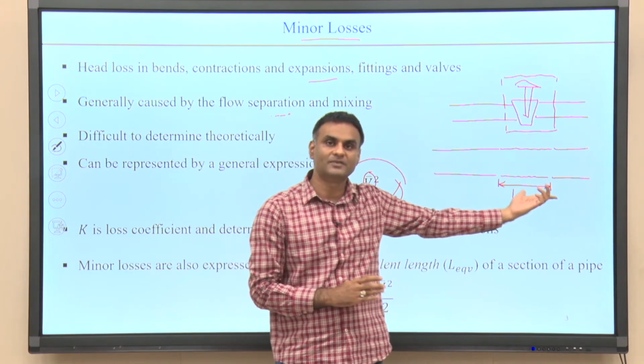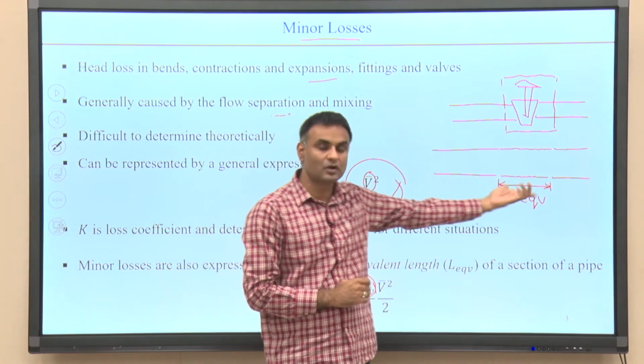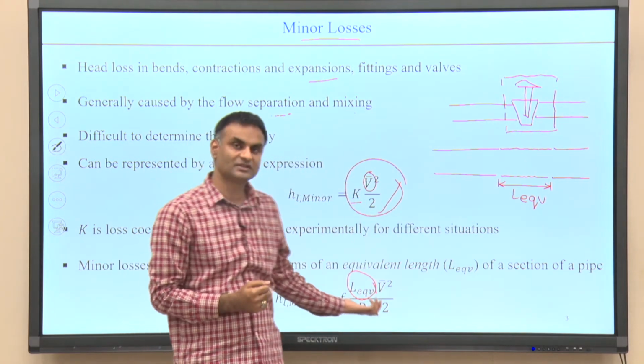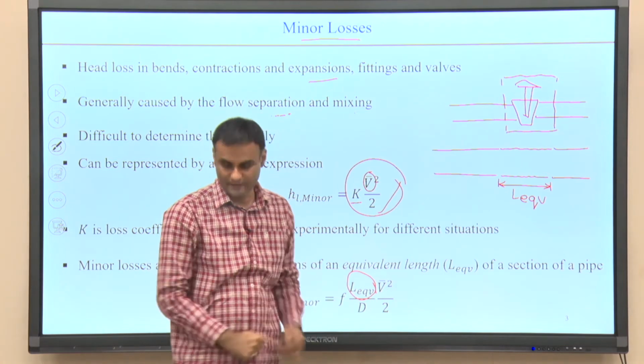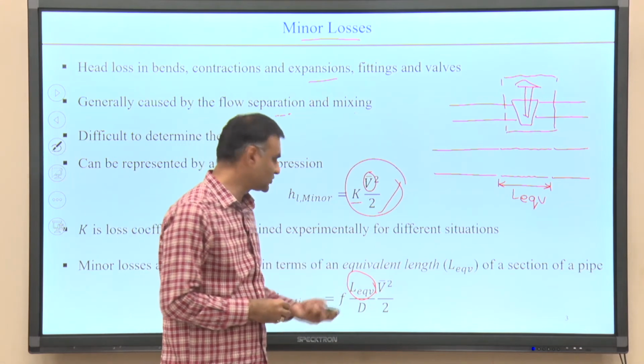The length of the pipe that will be required to equate the minor losses is what we call equivalent length. Okay. So, when you do that, your equation becomes simpler: you will have just L plus L equivalent. So, you could use either of these expressions.